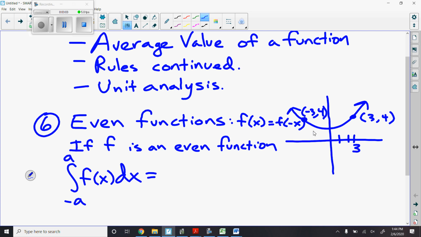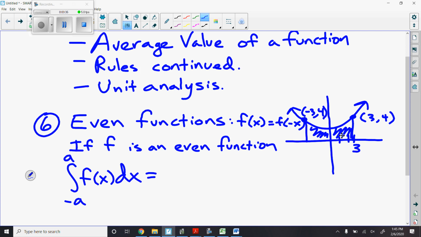What we're going to see here is the area under the curve on both sides is going to be the same. So what we can do then is just say, okay, if the integral from negative a to a of f of x, if I want to calculate that, a way I could do it that might save me some time is just do the integral from 0 to a and double it, right? So basically what it's saying is this blue region and this blue region are equal areas.